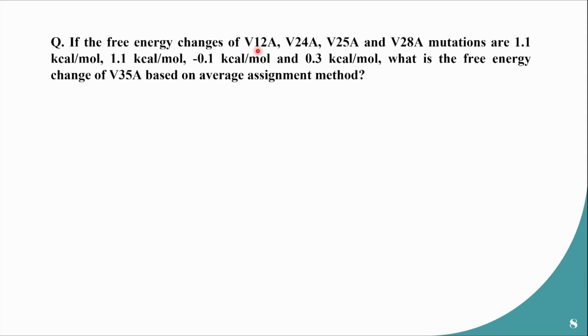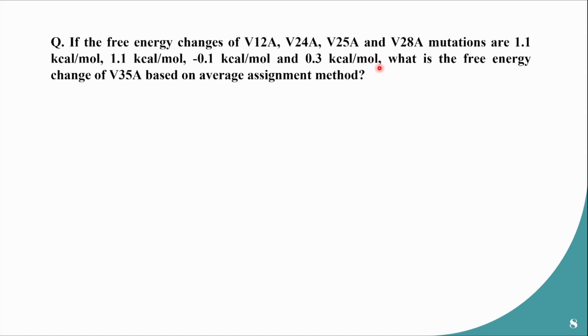So valine 12 to alanine, valine 24 to alanine, valine 25 to alanine, and valine 28 to alanine. For all of these mutations, you have been given certain free energy change values: 1.1 kcal per mole, 1.1 again, minus 0.1 kcal per mole, and 0.3 kcal per mole, for these 4 different mutations.